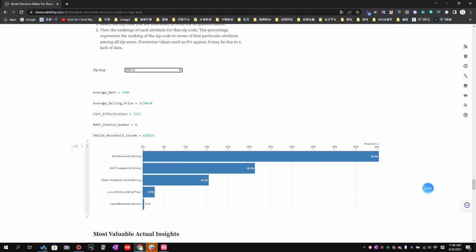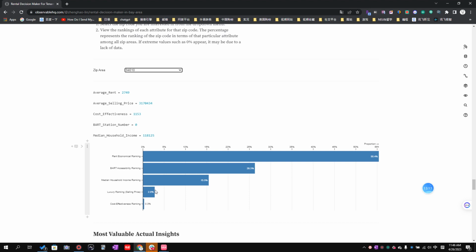That means the household income in this area is comparatively high compared to other zip code areas in the Bay Area. And the luxury ranking, aka selling price, is at the top 2%, top 2.8%. That means the selling price in this area is basically one of the highest in the Bay Area.